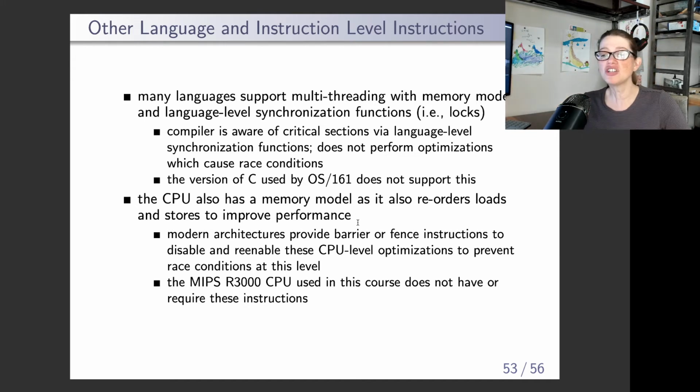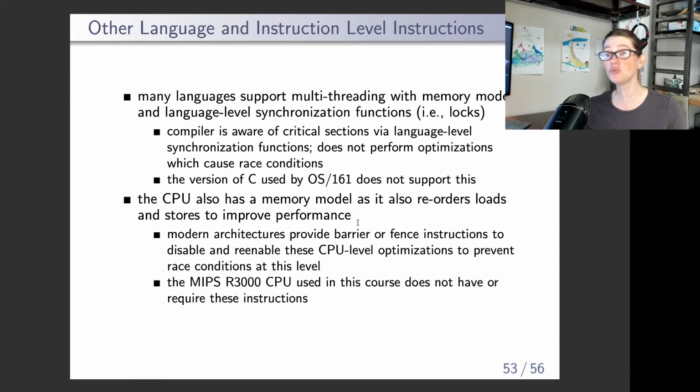What you actually have to do, and you don't really have to do anything because this would be built into the compiler, is there are barrier or fence instructions built into many architectures that will say, hey, right here, you're entering a shared region of code. Cease all instruction reorganization. Execute in exactly the order as specified. And then it would just go dot, dot, dot. And when it reaches the end, it will turn those optimizations back on. So we have these barrier instructions on modern architectures to disable and enable those CPU optimizations.